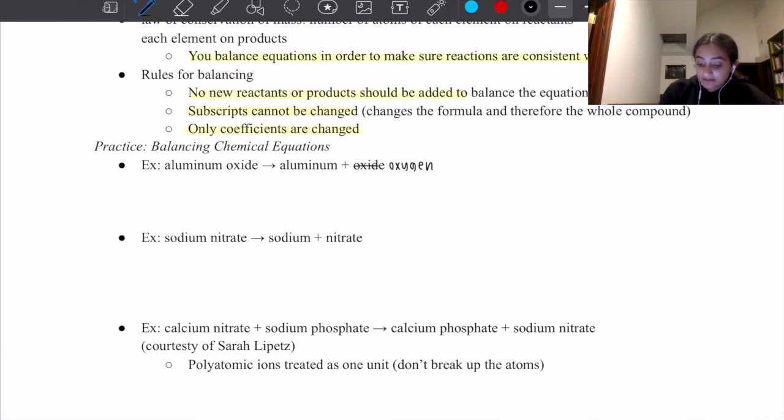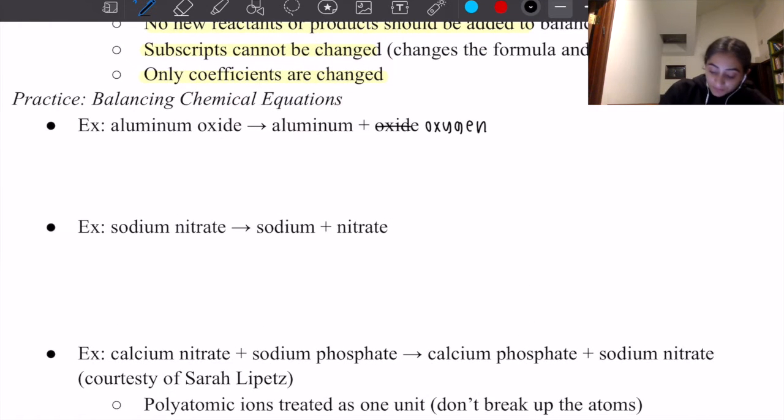So we are going to do an example with aluminum oxide yielding aluminum and oxygen. So you know this from writing ionic compounds, that the formula for aluminum oxide will be Al2O3, and that yields Al plus O2, because oxygen is diatomic.